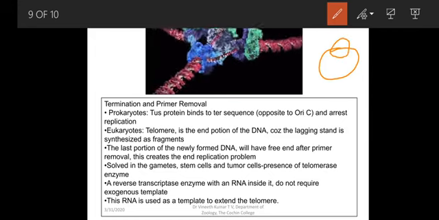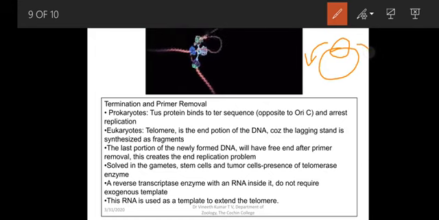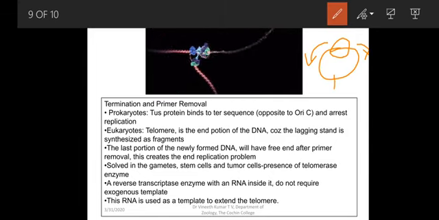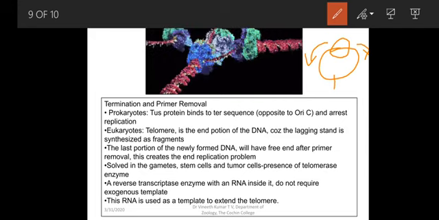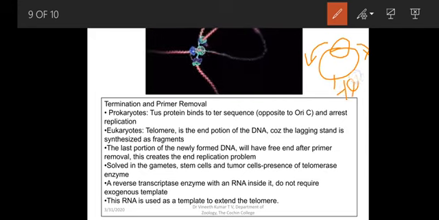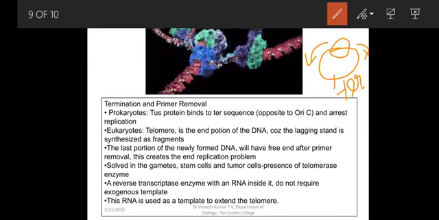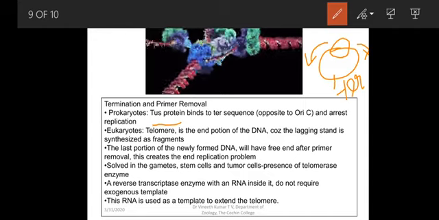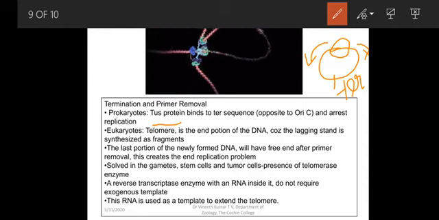The replication bubble extends its two replication forks bidirectionally, and when it reaches a particular point just opposite to the site of oriC, there is a particular sequence called the ter sequence. When the replication bubble reaches the opposite side, the ter sequence is recognized by a protein called the TUS protein, and this TUS complex arrests the process of replication.